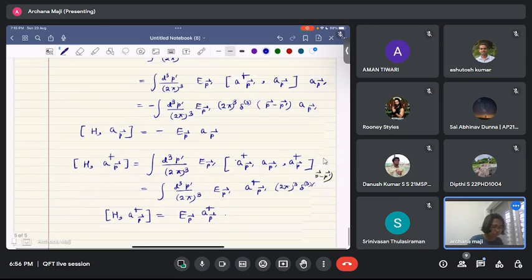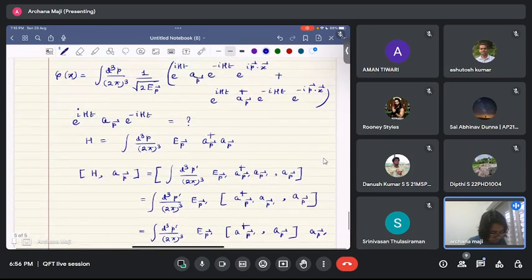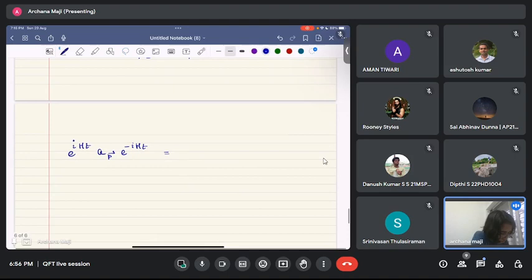Okay. Now you will see why we did that. So what is this now? This is equal to a_p exponential of... Can you please scroll up just a bit?